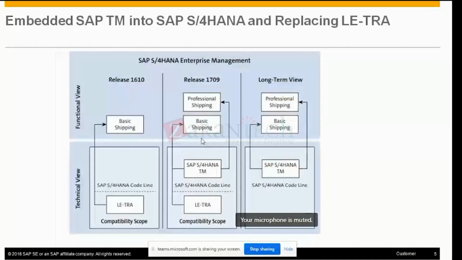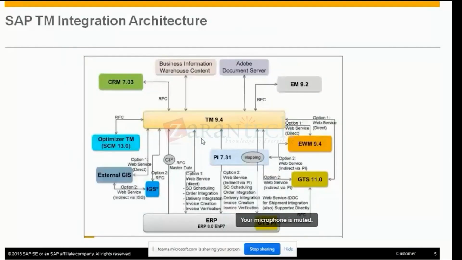For automatic planning, you need to have the optimizer in the system. This optimizer is an engine which runs in C++ language, and that engine actually does the planning for TM. So you have to install an optimizer if you want to do automatic planning.